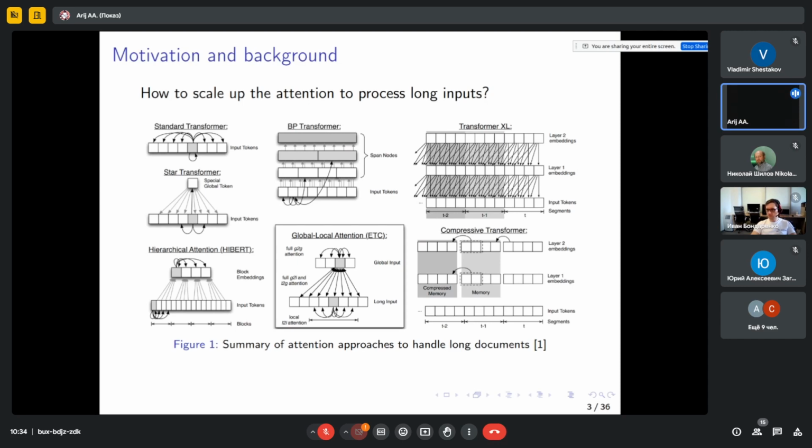My work was not the first to tackle this issue. There were many previous works, and they can be categorized into two categories. The first category is dividing the long document into segments, with two subcategories, hierarchical or hybrid, and recurrence as in Transformer-XL.